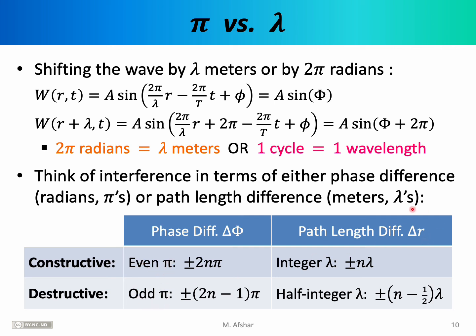But if you're going to analyze the problem in terms of delta R, then you need to talk about integer lambda and half integer lambda. So this first column and the second column, they're both giving you the same information. It's just that one of them is in terms of pi and radians, whereas the other one is in terms of lambda and meters.